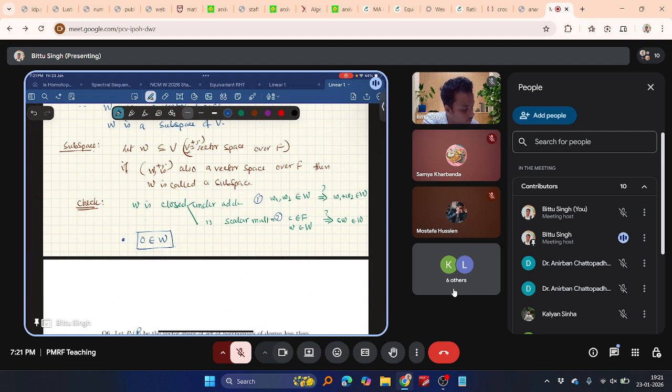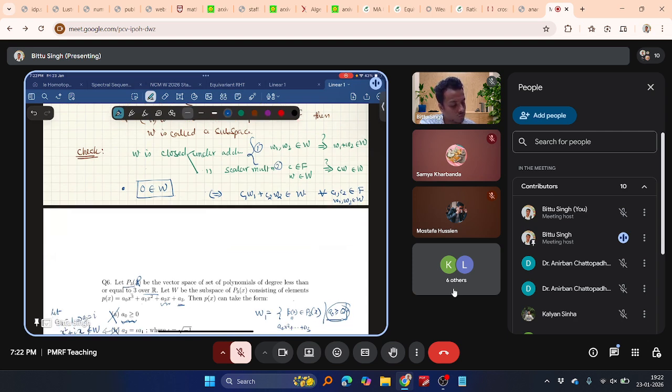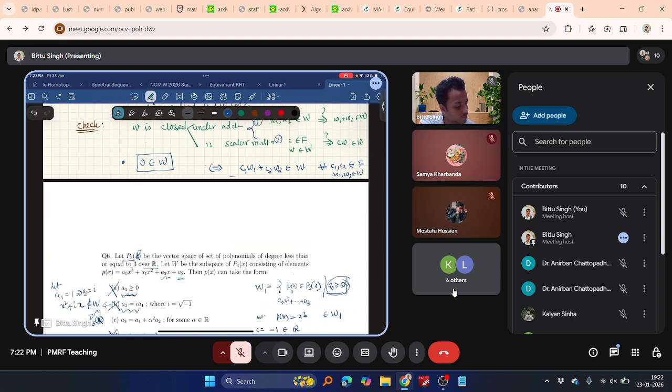Instead of checking those two individual relations, we can simply check this relation: that the linear combination C1W1 plus C2W2 belongs to W, for all C1, C2 belonging to F, and W1, W2 belonging to W. So we can directly check this linear combination instead of checking those two different conditions. Those two conditions are equivalent to this.